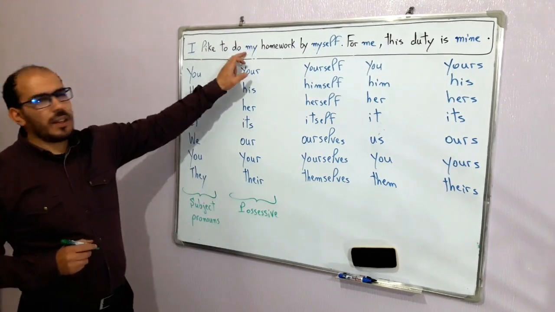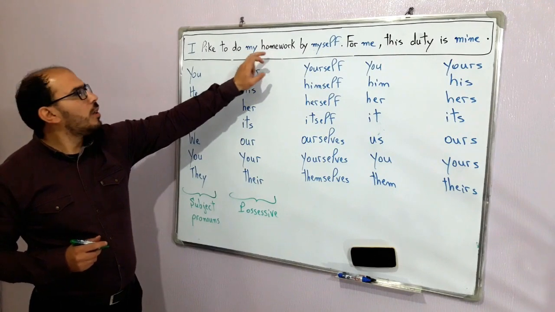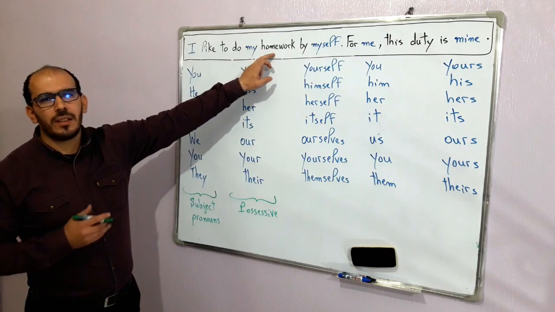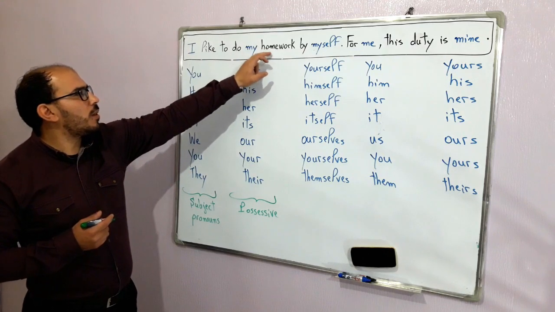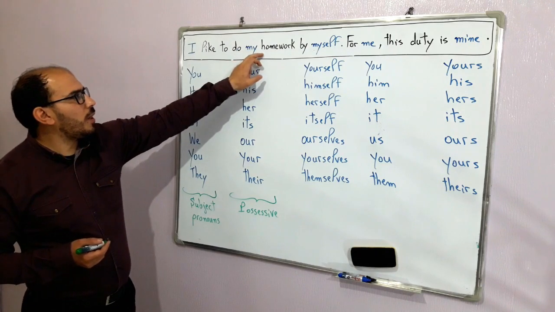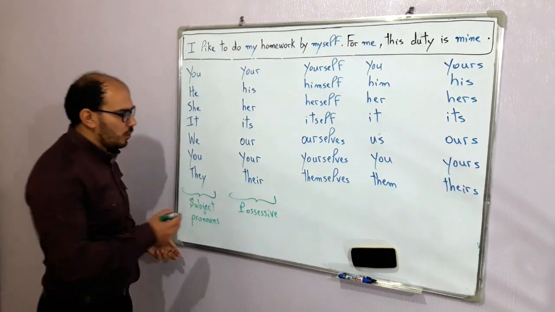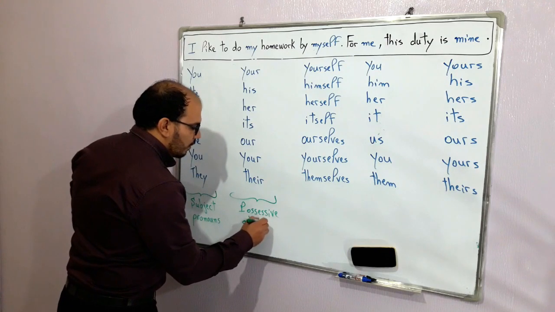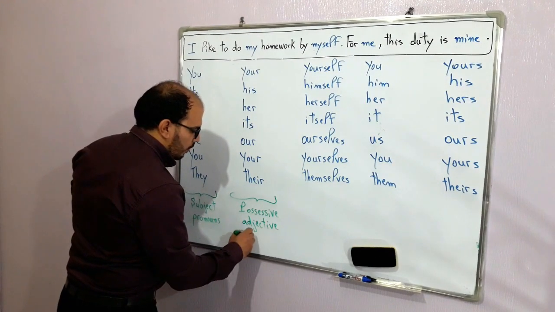Something else, in this case we have my homework, and homework is a noun. So my modifies a noun, and we know that what modifies a noun is an adjective. So it plays the role of an adjective too. So that's why we call it possessive adjective pronouns.